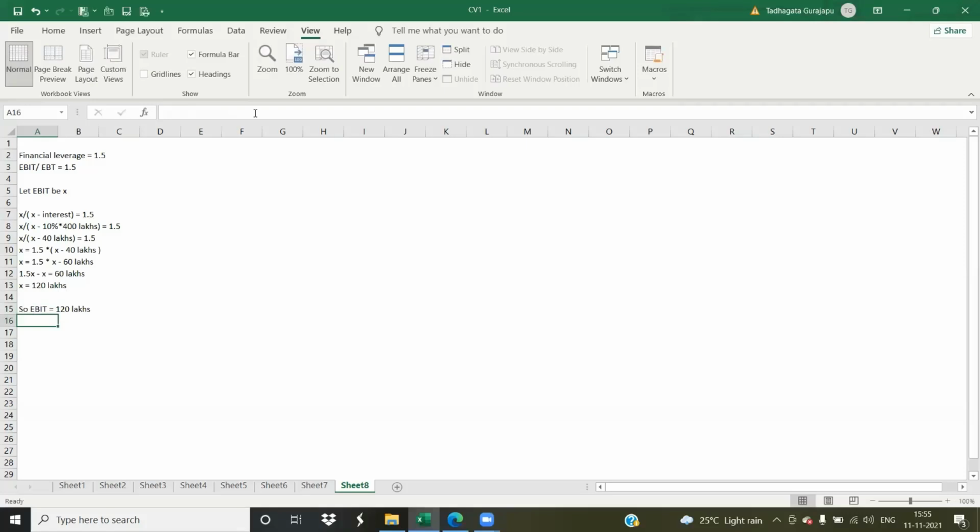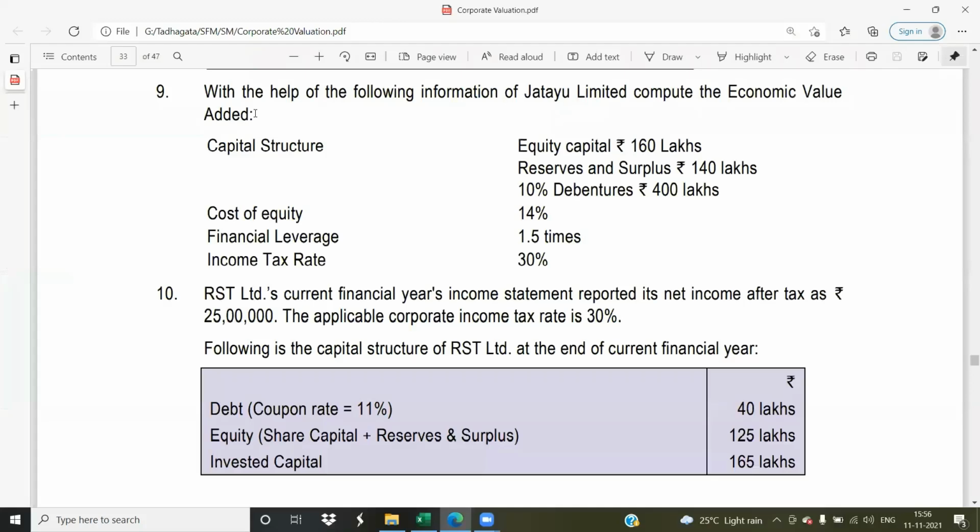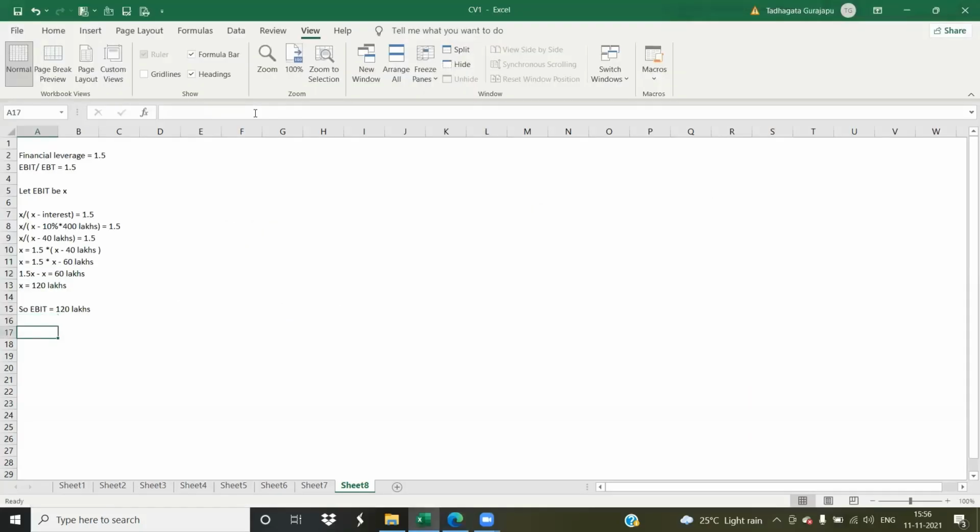So you're supposed to find out economic value added. Okay, EVA is equal to NOPAT minus WACC into total capital, right? So what is NOPAT? NOPAT is nothing but EBIT into 1 minus tax rate, right?